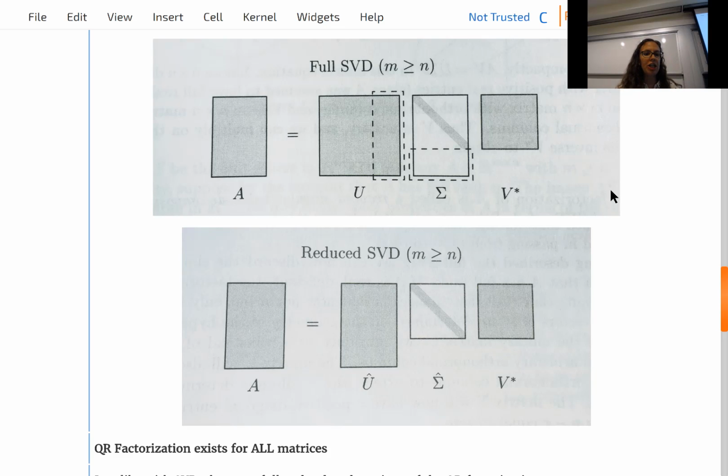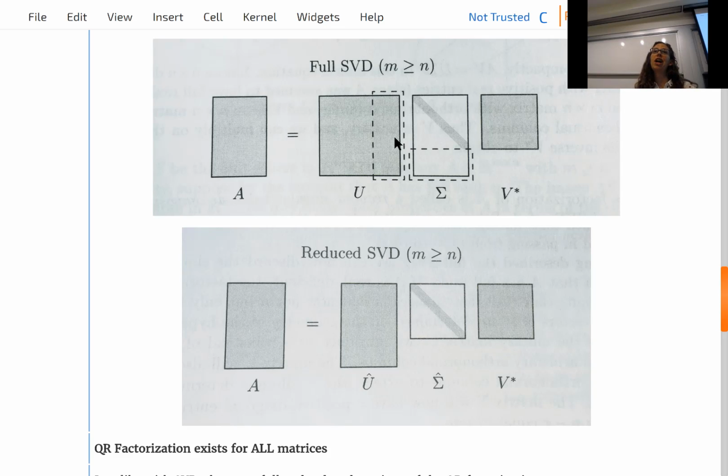Okay, yeah, that's a great question. The diagonal of sigma is what's giving you the importance, and so there's no importance corresponding to these vectors right here, and that's because those vectors aren't even a part of A. So their importance is kind of 0. They show up a 0 amount in A. So if they are not a part of A, where do they come from?